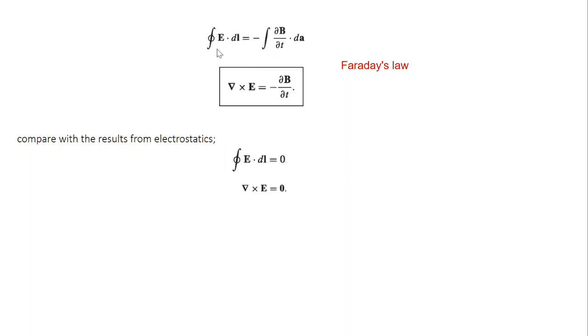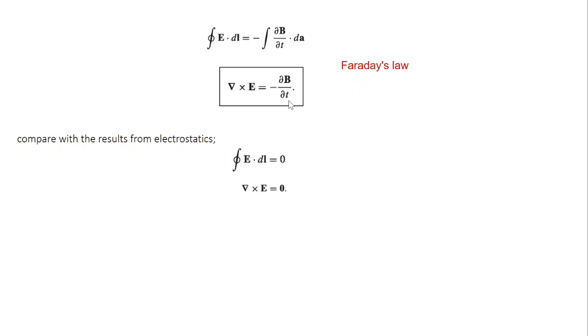I can convert this into a surface integral using Stokes' theorem. So this becomes the integral of curl of E dot dA. So I now have a surface integral on both sides. You can equate the terms inside. You get curl of E equal to minus ∂B/∂t. This is the differential form of Faraday's law.